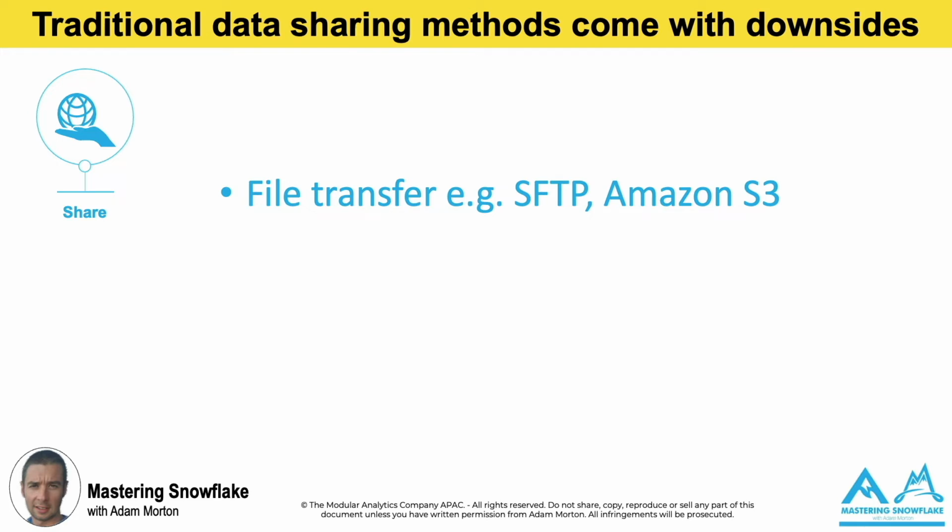So you've got to extract the data from many different data sources, place it in a SFTP or Amazon S3 or another cloud provider's bucket location, and then your customer gets a bad experience because they've got to come in, extract that data, potentially do downstream activities such as cleansing or transforming that data as they load it into their data platform or data warehouse for further analysis. All of that takes time, has multiple points of failure. By the time your client gets that data, the data is already stale and outdated.